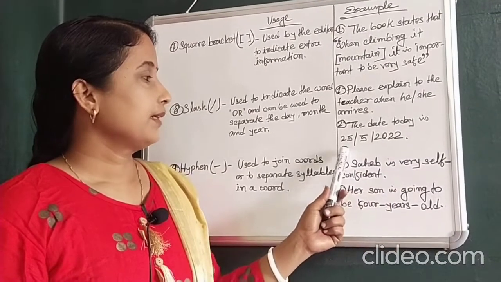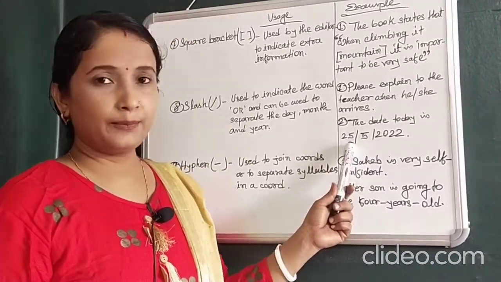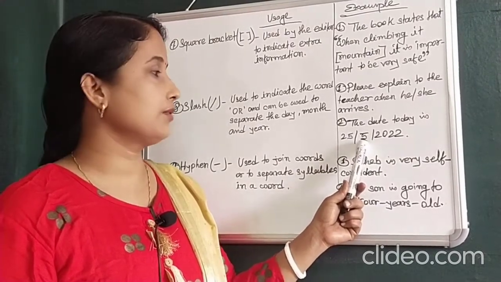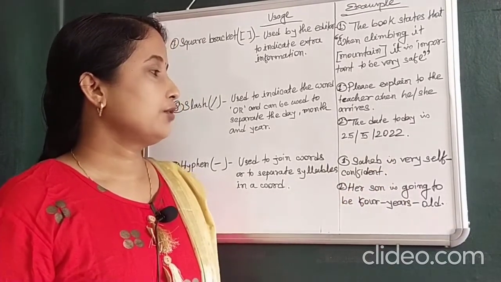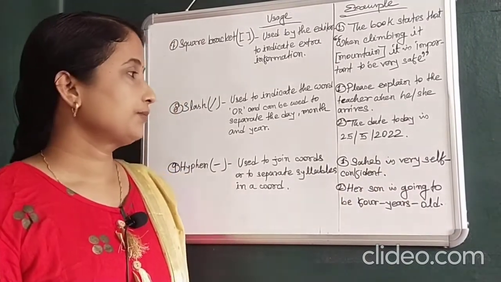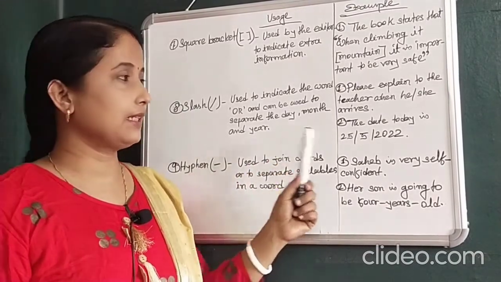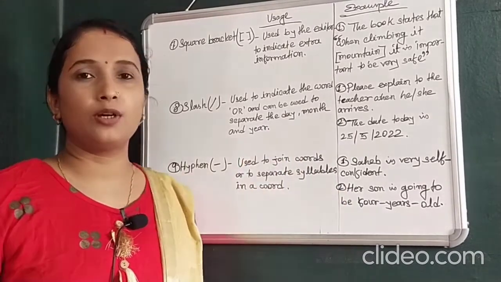Here we use slash. Here 25 is the day, after day we use slash. 5 is the month, we use slash after month, and 2022 is the year. So slash is also used to separate day, month and year, and it is also used as an alternative of or in the sentence.